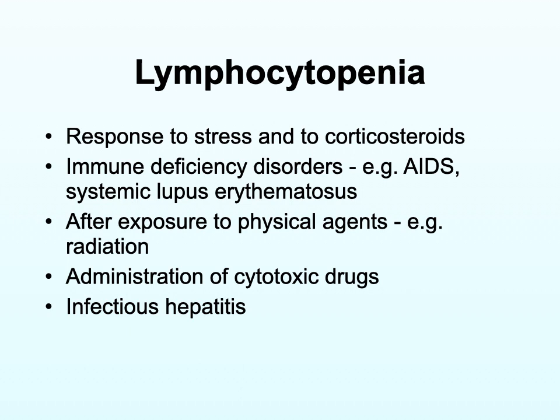Lymphocytopenia. This is a response to stress and to corticosteroids. For example, in immune deficiency disorders, such as HIV and SLE, it may occur after exposure to physical agents such as radiation, administration of cytotoxic drugs, and infectious hepatitis.